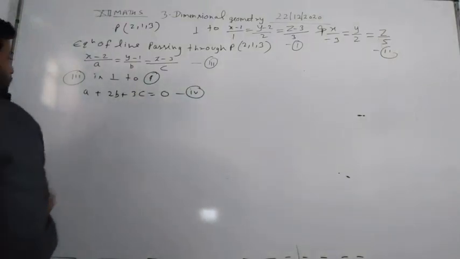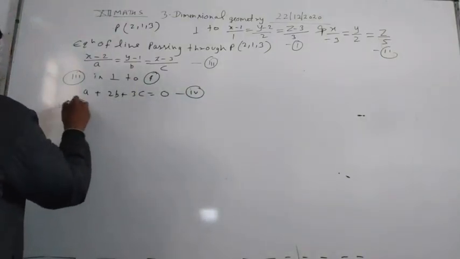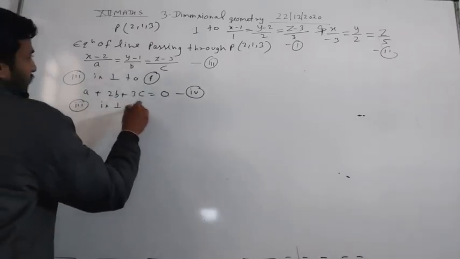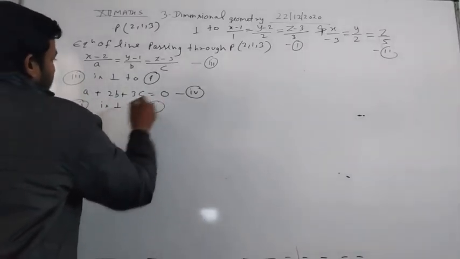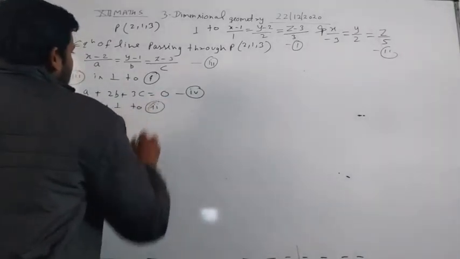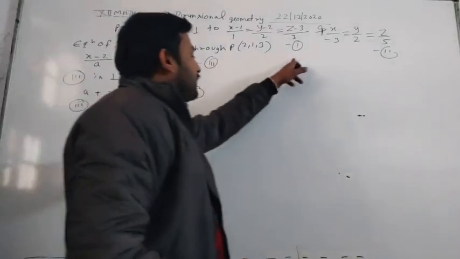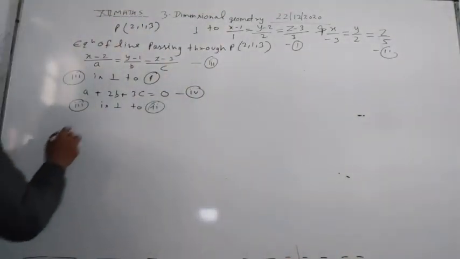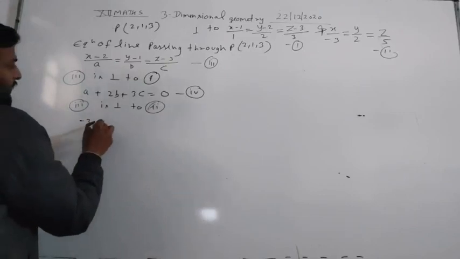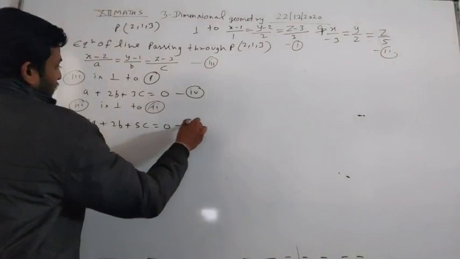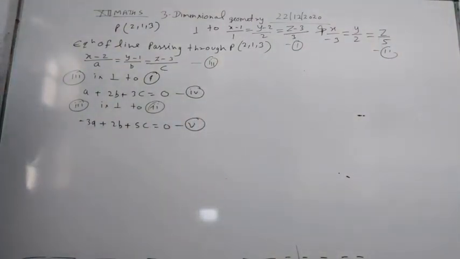Now we write 3 is perpendicular to 2. This 3 is perpendicular to 1 and this 3 is perpendicular to 2. So we can write again a1 a2: minus 3a plus 2b plus 5c is equal to 0. So this is equation number 5.